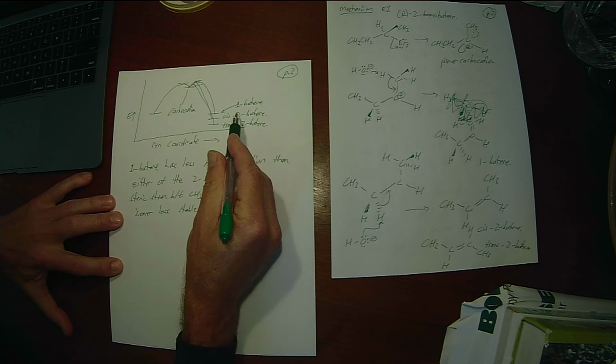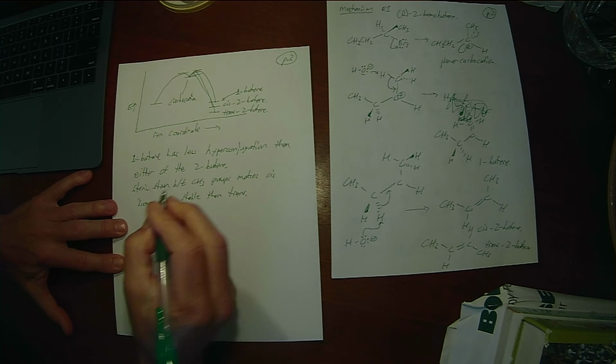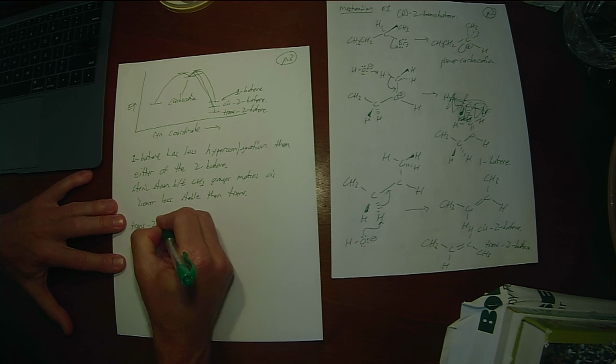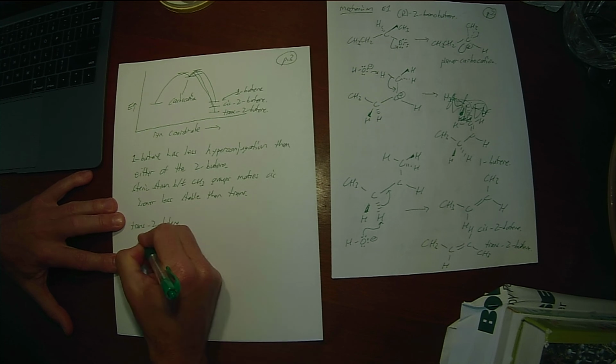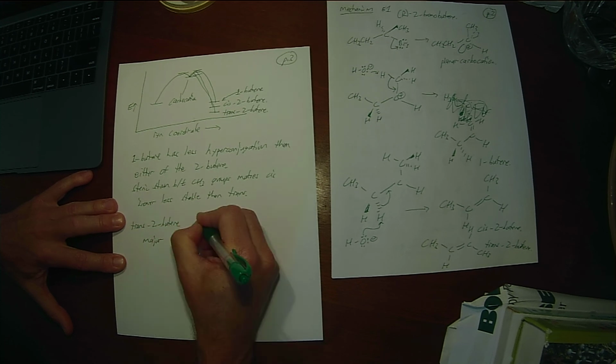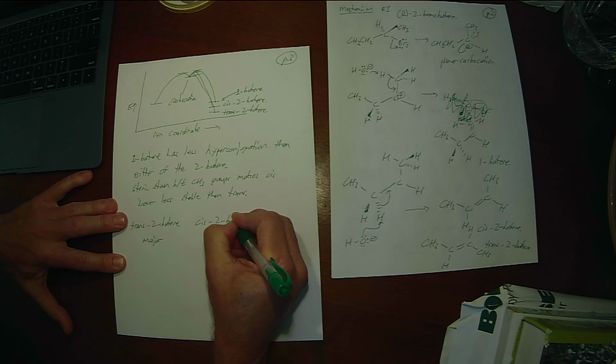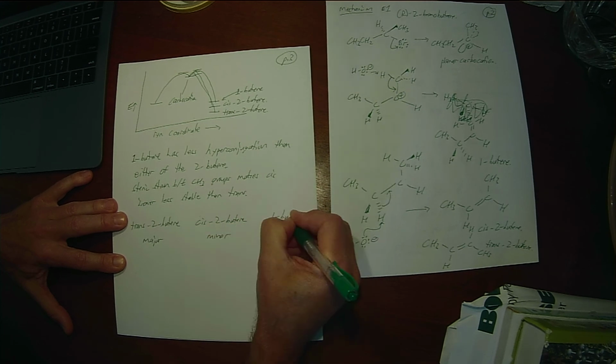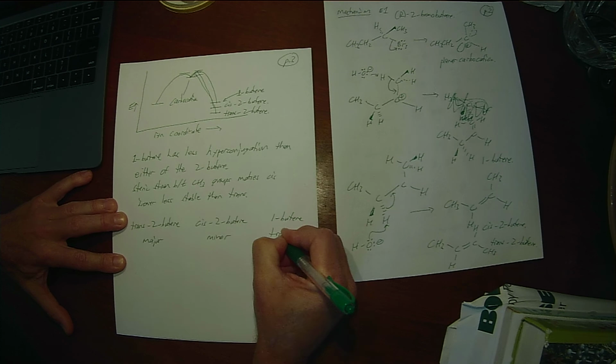So if we want to assign major or minor, we would say that the major product is trans-2-butene. The minor product is cis-2-butene. And the 1-butene, we probably only have traces.